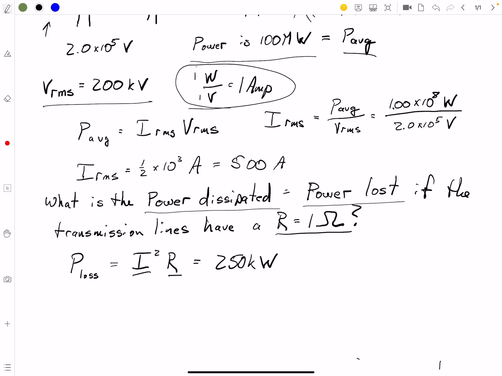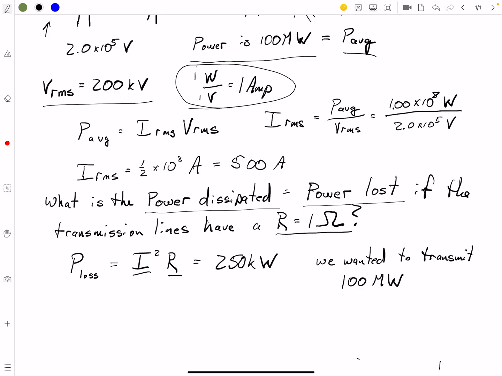But we wanted to transmit 100 megawatts. Okay, so 100 megawatts is what we really wanted transmitted.